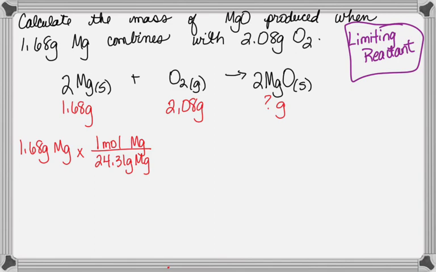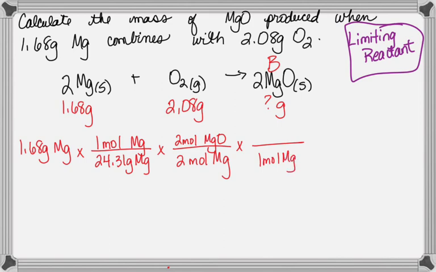Now I want you to go to moles of B. The B is the magnesium oxide here because that's what I'm asking you for. And the balanced equation tells me I'll make 2 moles of magnesium oxide for every 2 moles of magnesium. That gets me to moles of B. Go from moles of B to grams of B. Remember, the B in this equation is always magnesium oxide. That's what I'm looking for.